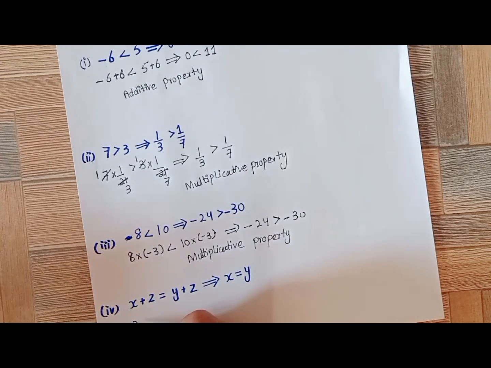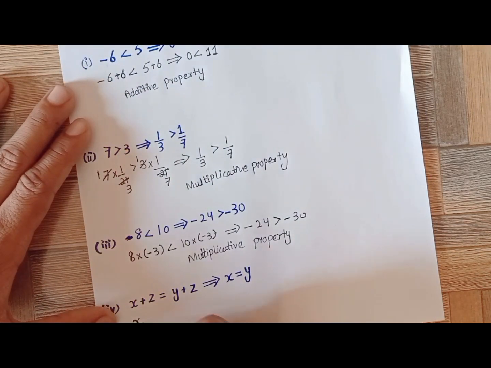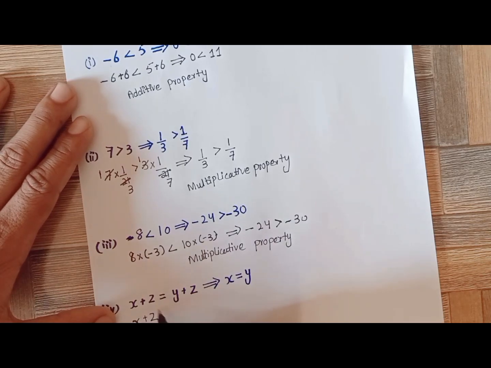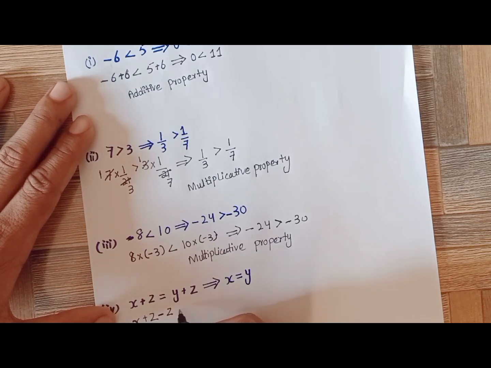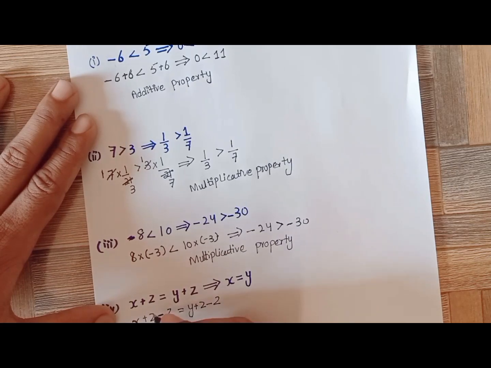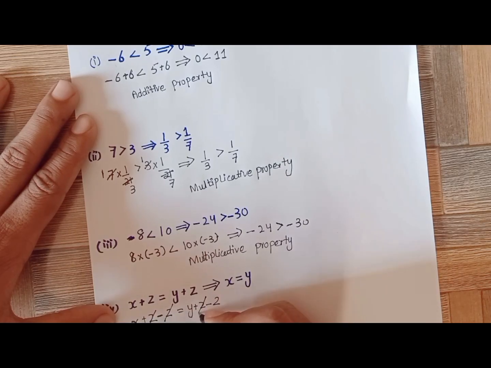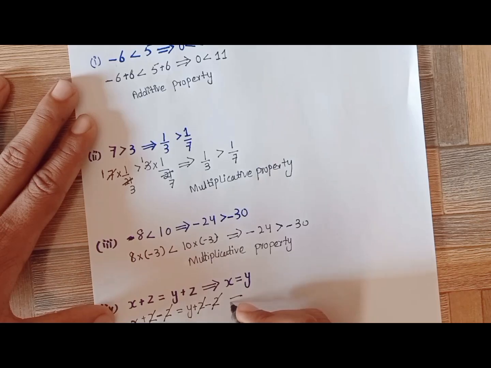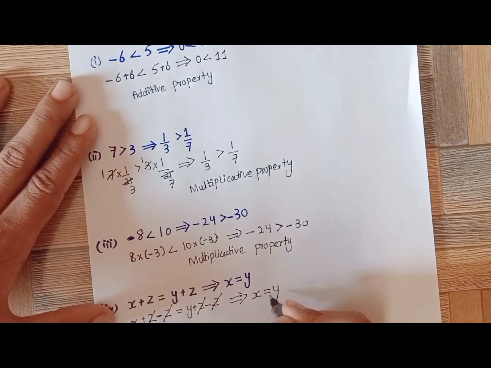For example, x plus z, I will bring an extra number so that it is cancelled easily. Minus z is equal to y plus z minus z. On the left hand side, plus z and minus z will be cancelled. On the right hand side, plus z and minus z will be cancelled. So what will remain? x is equal to y.